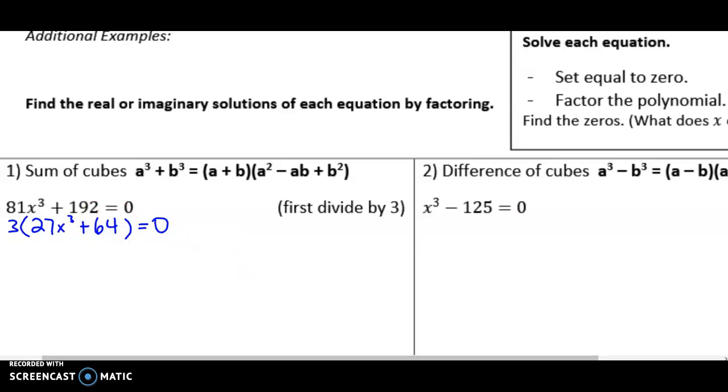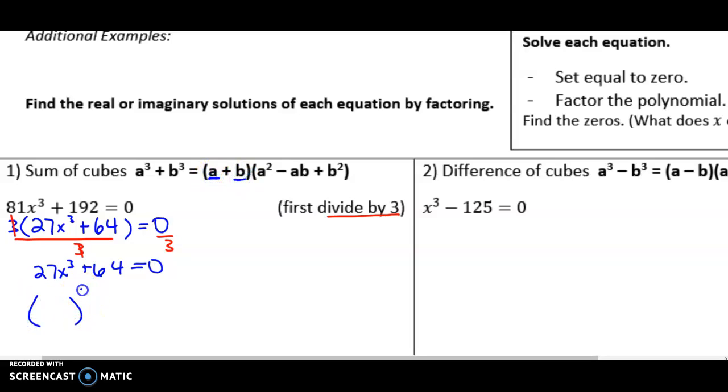And then over here it says divide by 3. You can now divide everything by 3 because 0 divided by 3 is just 0. So we get 27x to the 3rd plus 64 equals 0.